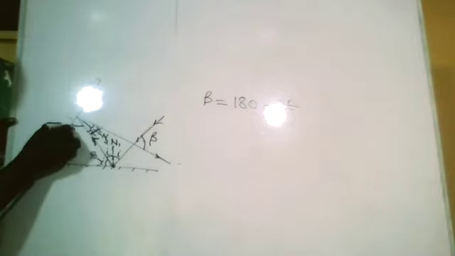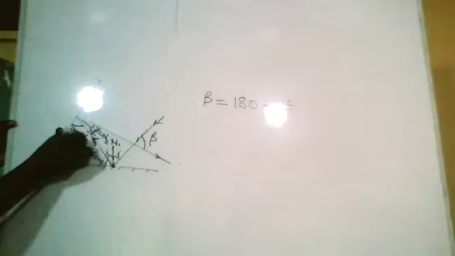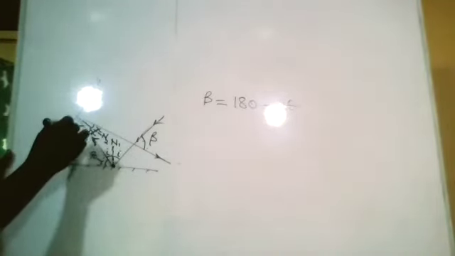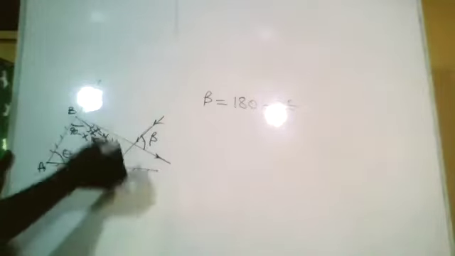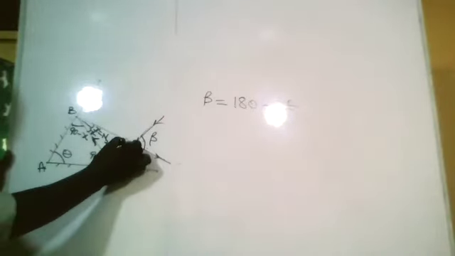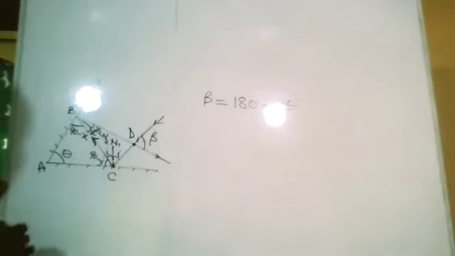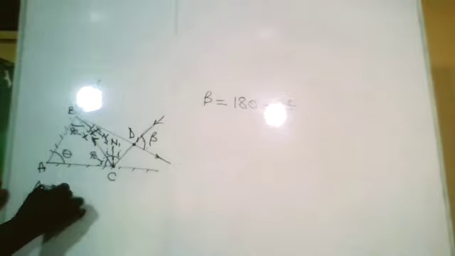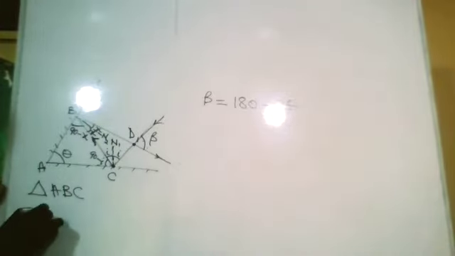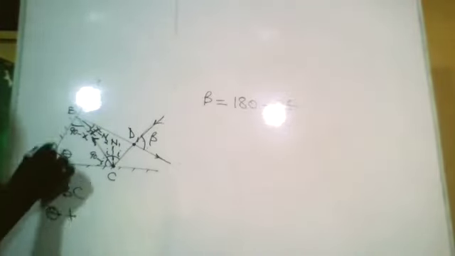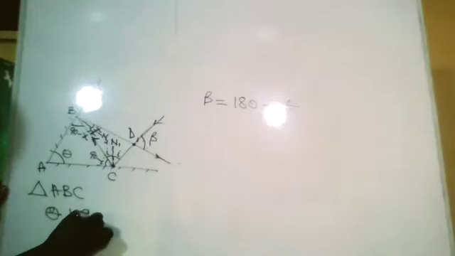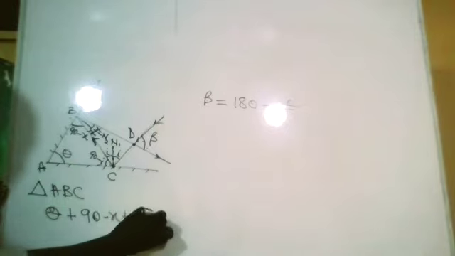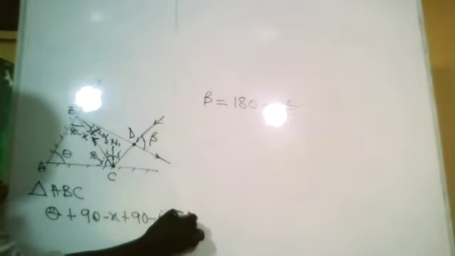So 90 minus X. So let's label maybe A, B, C, D. When you pick triangle A, B, C, we have theta plus 90 minus X plus 90 minus I equal to 180.